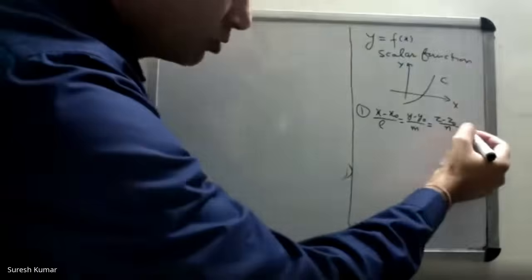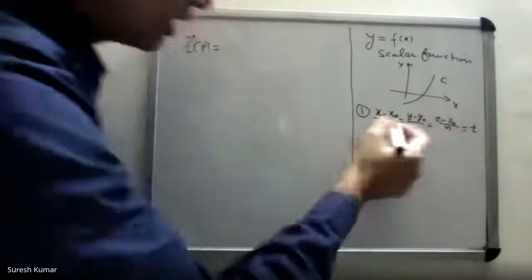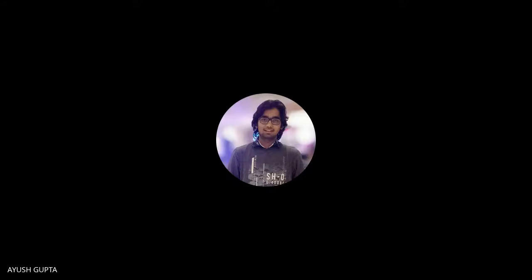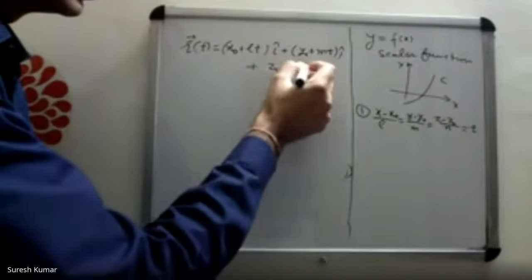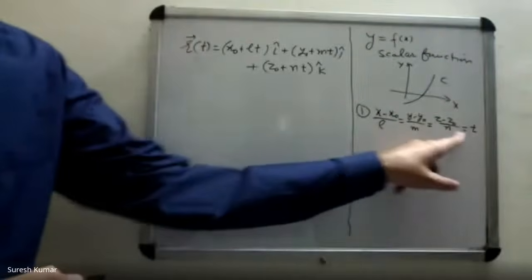If I assume all these equal to t, then x is lt plus x naught. See this. Is it correct? Because x is x naught plus lt, y is y naught plus mt, z is z naught plus nt.